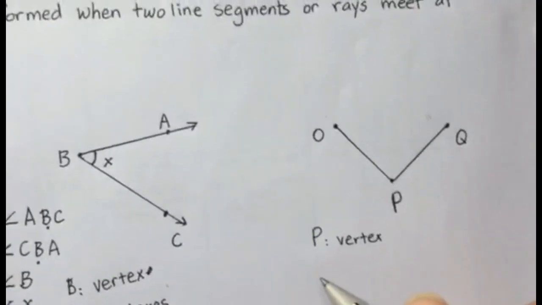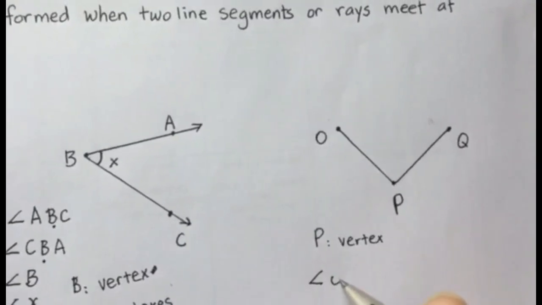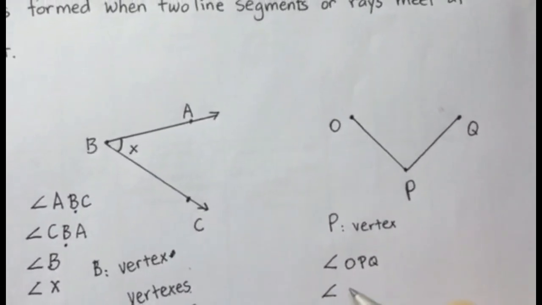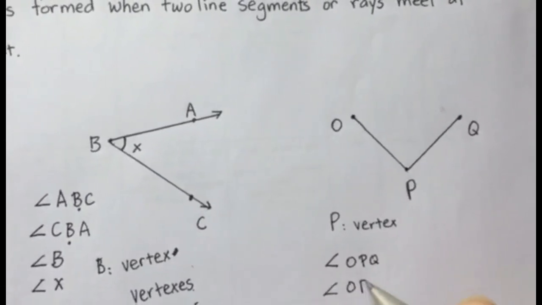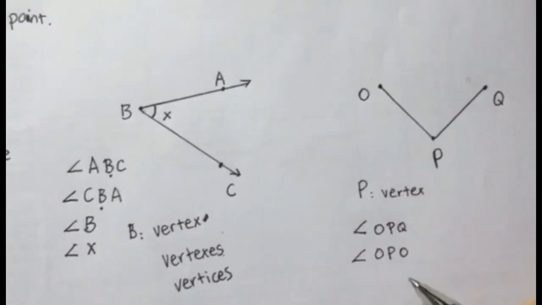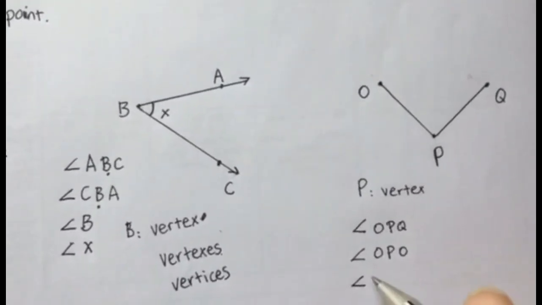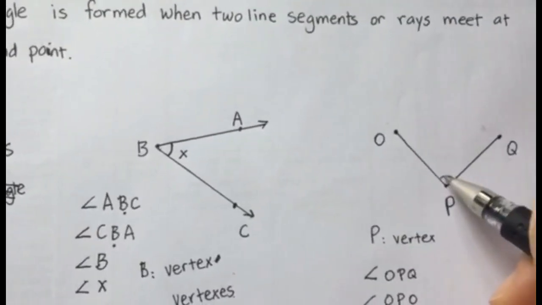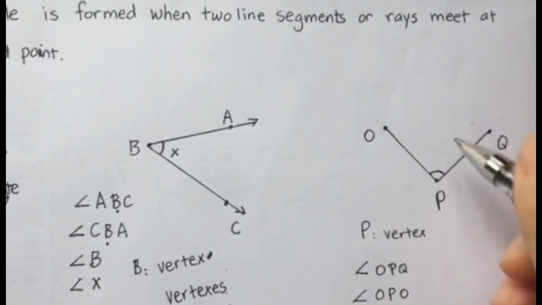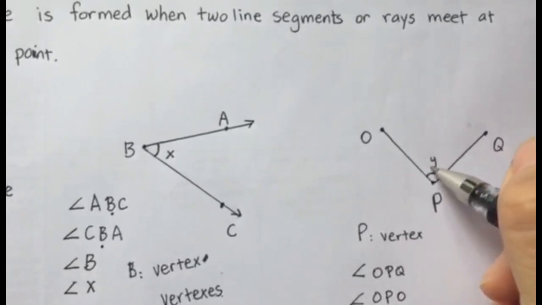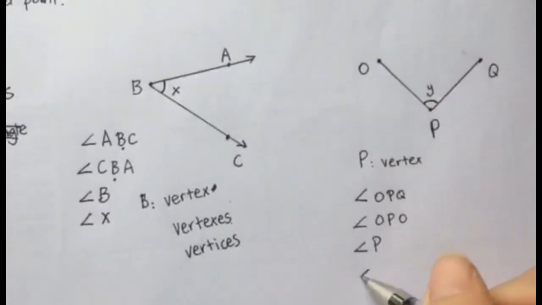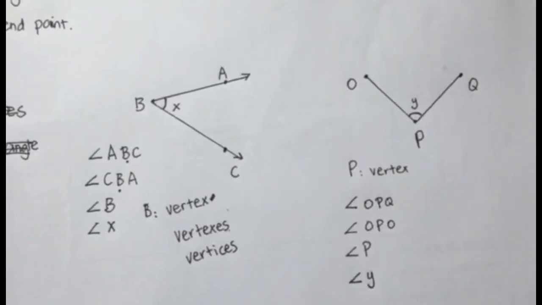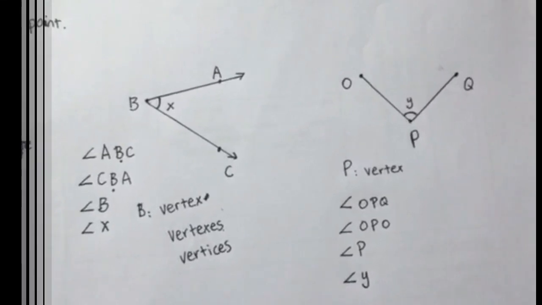And we can name the angle OPQ, angle QPO, or angle just the vertex P. Or if you want to mark it and name it with, for example, Y, you can call it angle Y. So this is angles and how we name it.